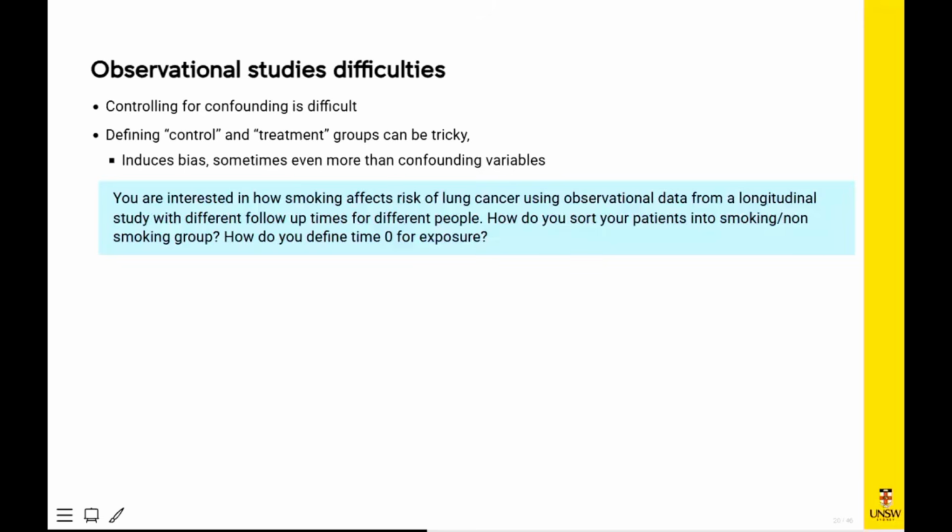Also, often when we're talking about exposures, we're able to say, okay, this is the exposure if they got COVID in 2020. But for a data set like this, that time zero can be really difficult to determine or define.